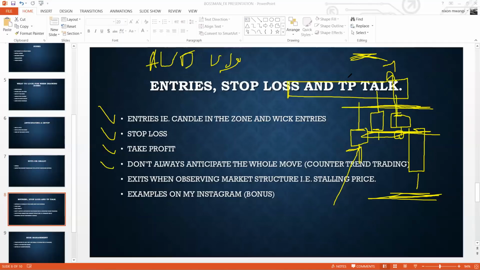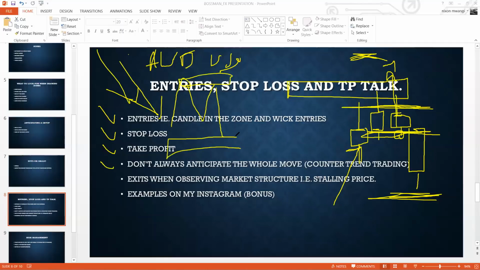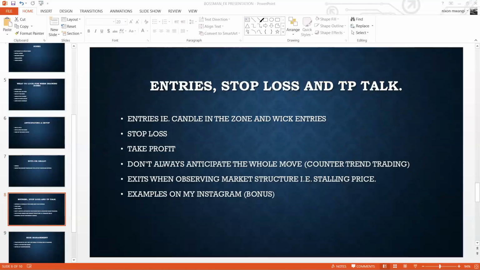Because if the trend is bearish, let's say the trend is bearish, right? Then price pulls back and forms a supply zone here, right? So when price comes back to this supply zone and the trend is bearish, you can easily aim for the whole move and get more than the whole move. Price will probably just break structure and continue going down. But now you see if price was in a, let me show you real quick.